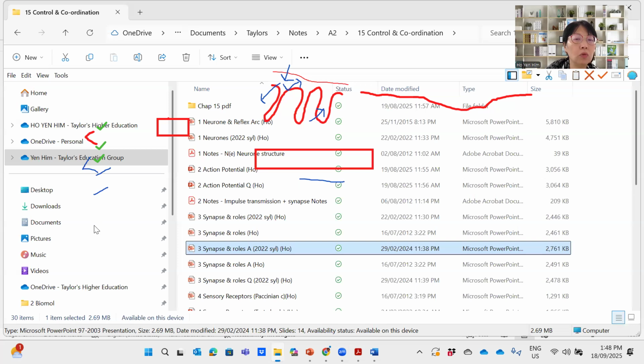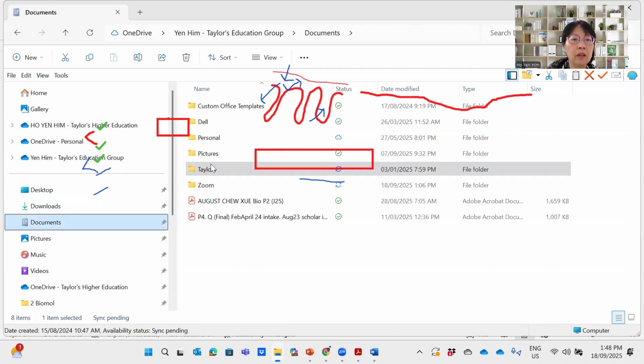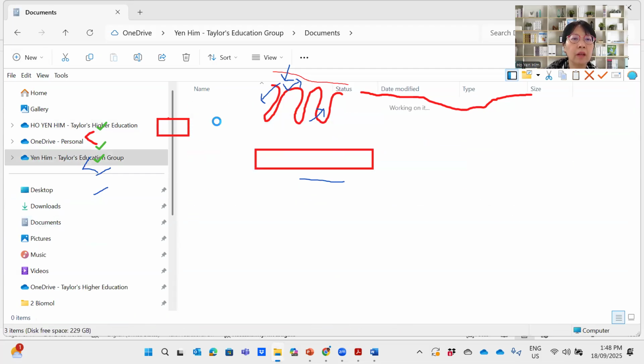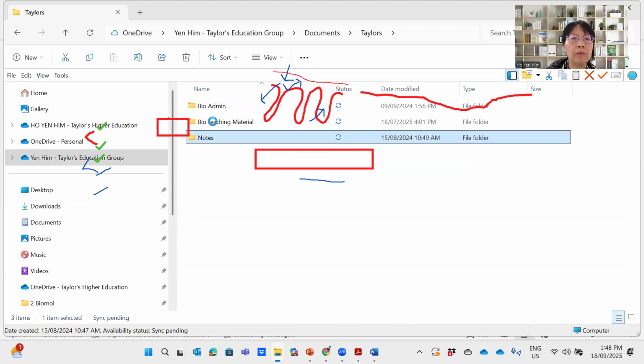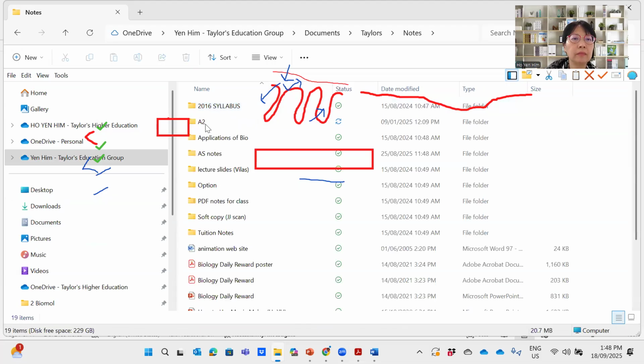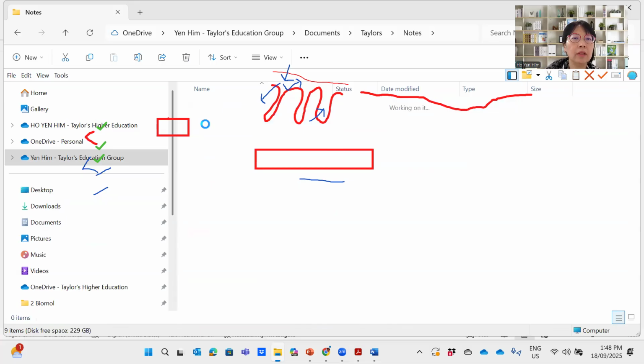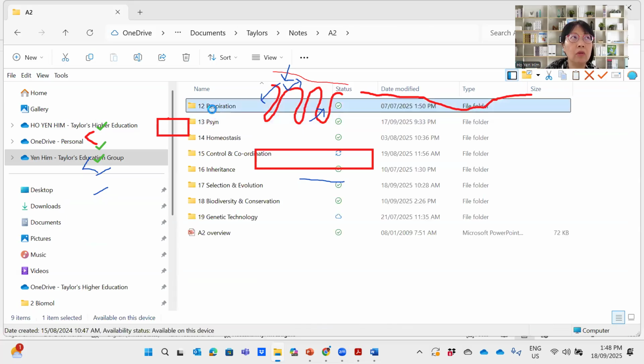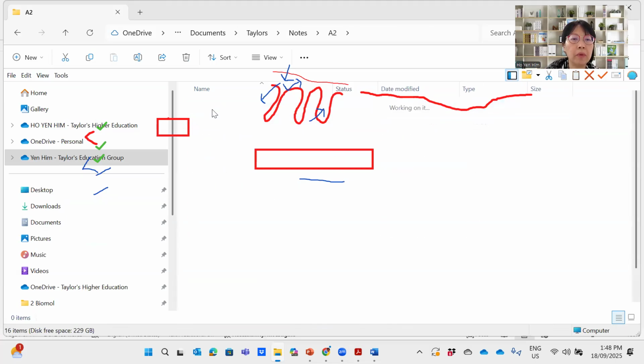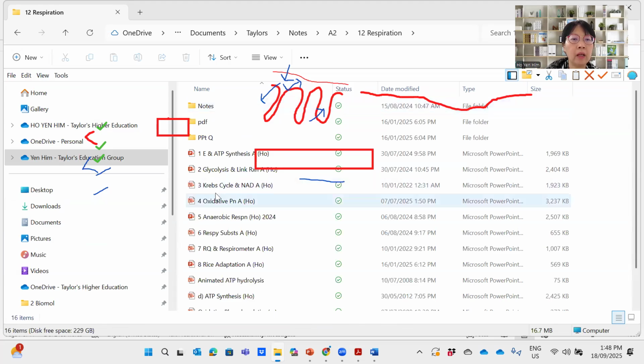Okay, so let's go to the respiration topic. We're going to look at mitochondrion, inner membrane of mitochondrion. What does it contain?